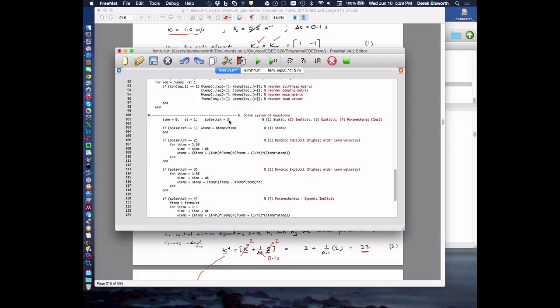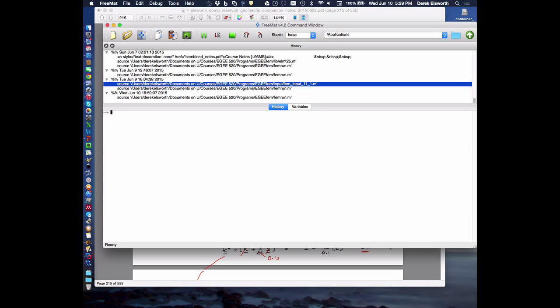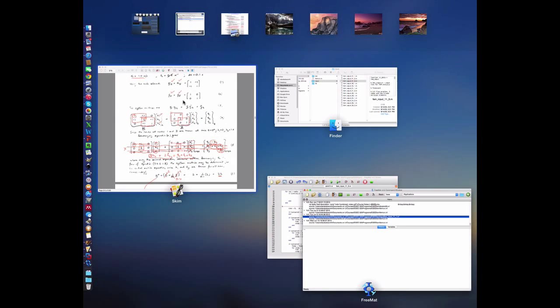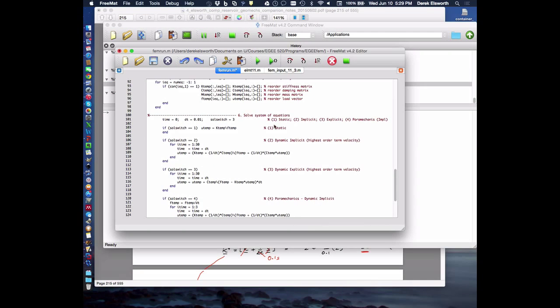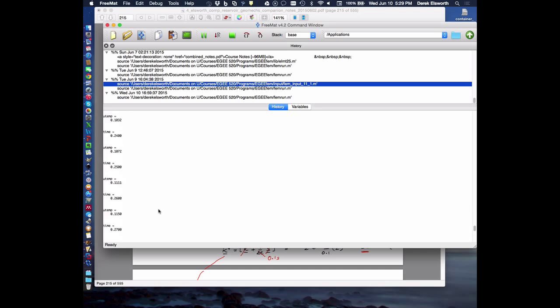We know that, for instance, if we run it at a very small time step, 0.01, let's see what we get. I'm sure I'm doing something silly because I think it works, but I don't know exactly why it's not working.